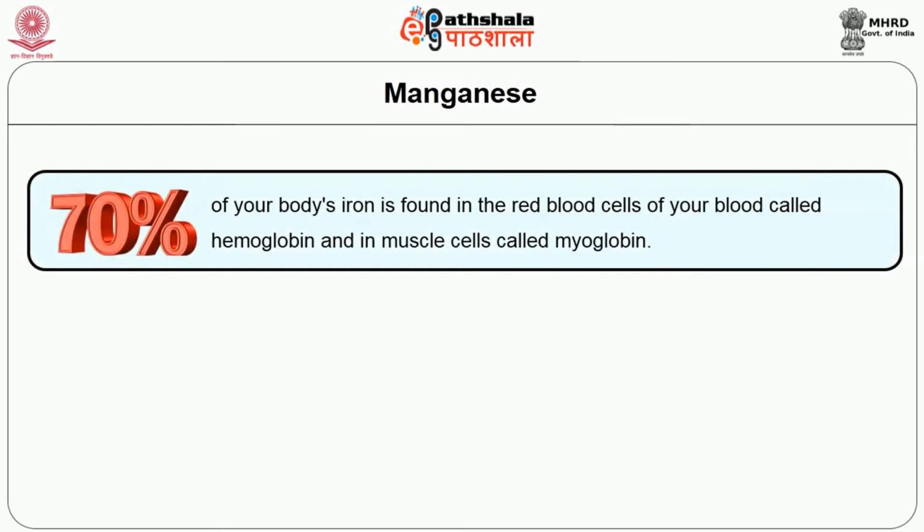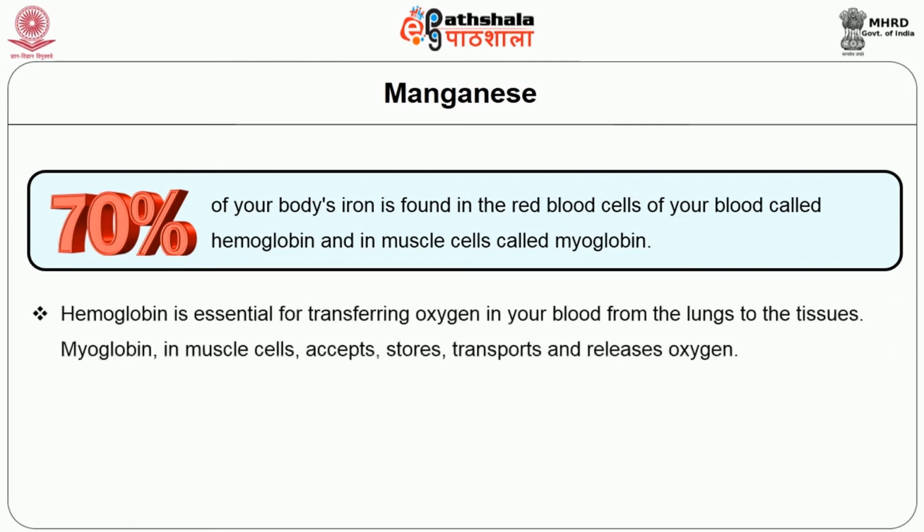About 70% of your body's iron is found in the red blood cells of your blood called hemoglobin and in muscle cells called myoglobin. Hemoglobin is essential for transferring oxygen in the blood from the lungs to the tissues. Myoglobin in muscle cells accepts, stores, transports and releases oxygen.